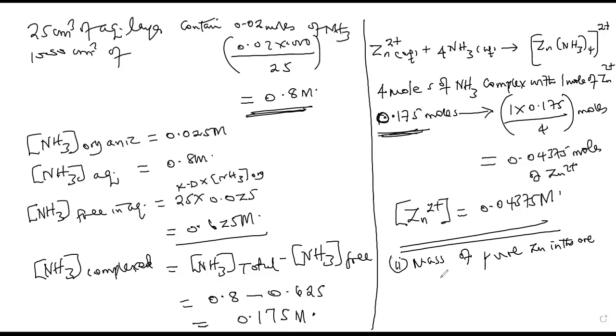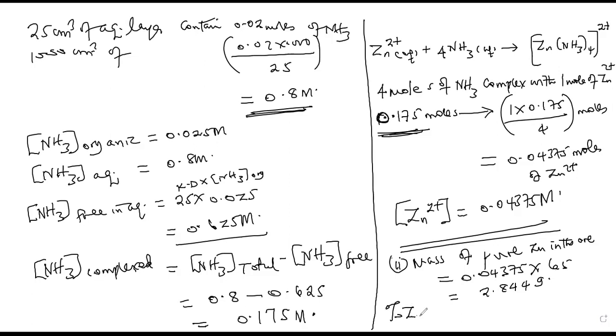To get the mass of pure zinc in the ore, we shall get the concentration 0.04375. We multiply by the relative atomic mass of zinc, which is 65. 0.04375 times 65. This one will give us 2.844 grams. But we need the percentage of zinc.